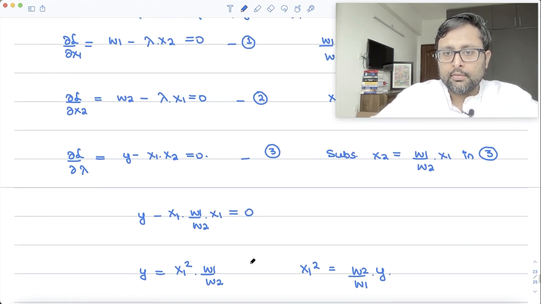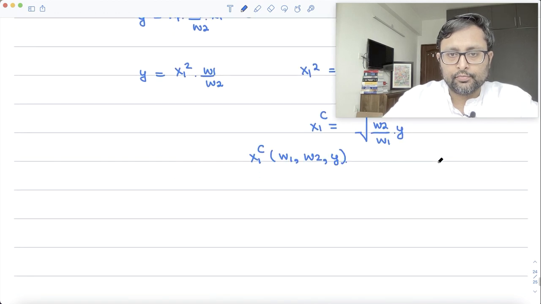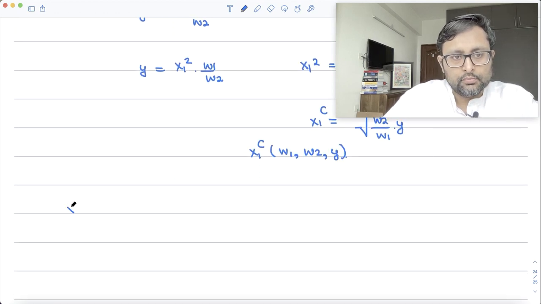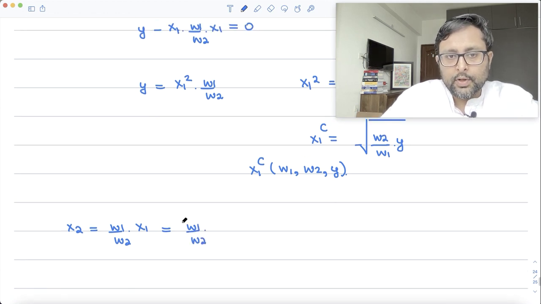Now look at it, beta. You have written x2 is what? W1 by W2 x1. In place of x1, you can write root of W2 upon root of W1 into root of y.